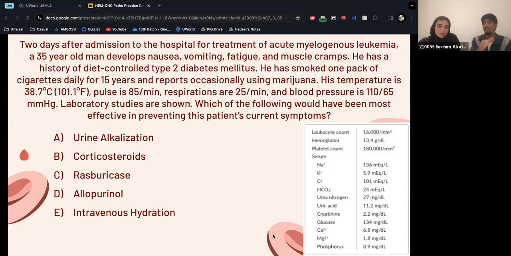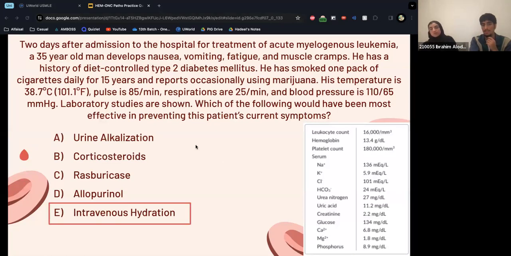More importantly, you have to make sure that this patient is hydrated, and then allopurinol for the hyperuricemia is also correct. But remember, the question was asking what is most effective in preventing this from happening, not how you are going to treat it now that it's happened. So we want to prevent it, and by preventing it, we're going to give hydration. All right, so the answer is E, intravenous hydration.